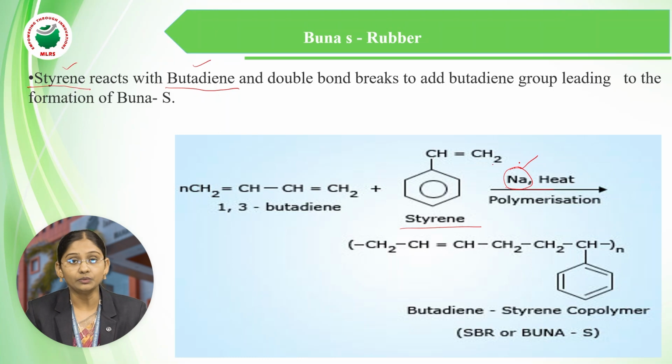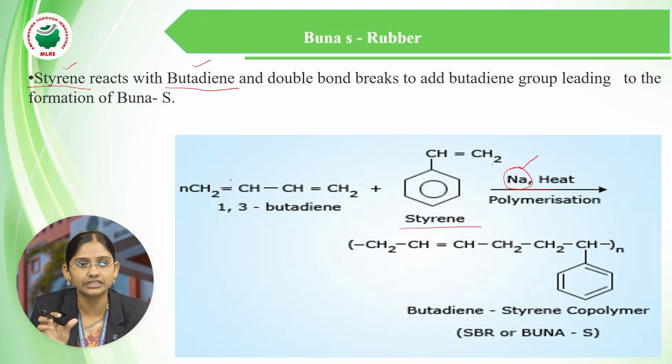During this reaction in the presence of a catalyst and with heat applied, a double bond breaks. The pi electron gives electrons to the adjacent carbon. The same phenomenon I explained previously. A pi bond contains two electrons, right?